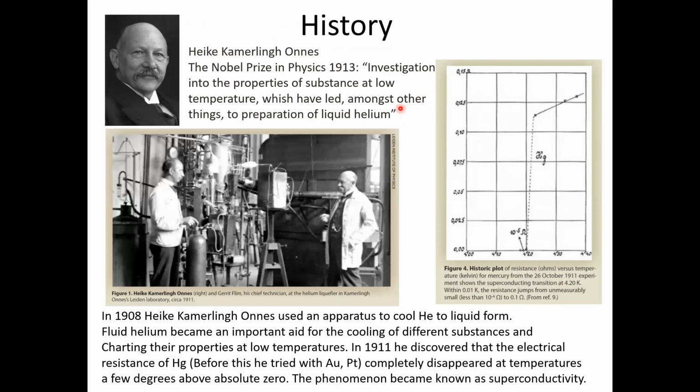Here is the history of superconductor discovery. The scientist who discovered it, his name is Ernest, and he got the Nobel Prize in Physics in 1913 for his investigation into the properties of substances at low temperature, leading amongst other things to the preparation of liquid helium.